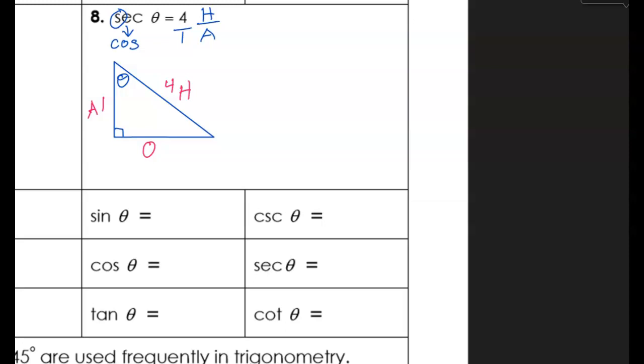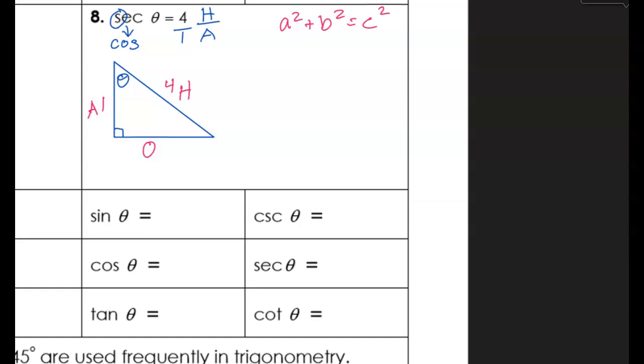Oh my goodness, the Pythagorean theorem is resurfacing. Yes, you have to use the Pythagorean theorem. A squared plus b squared equals c squared. You can always apply Pythagorean theorem to right triangles when you're missing one side length.